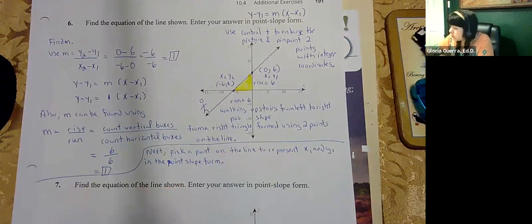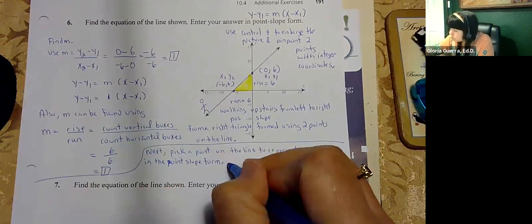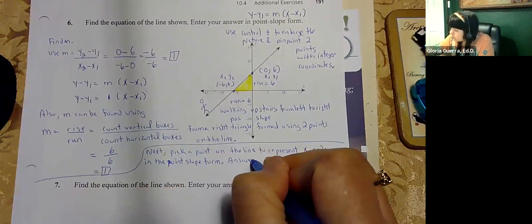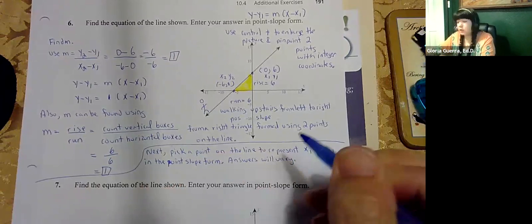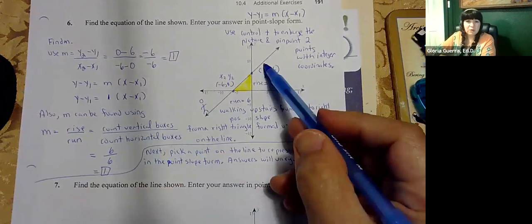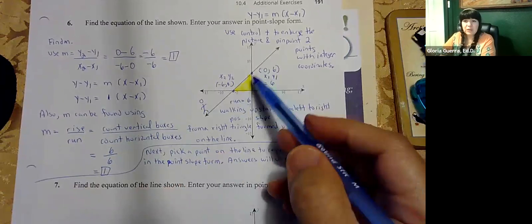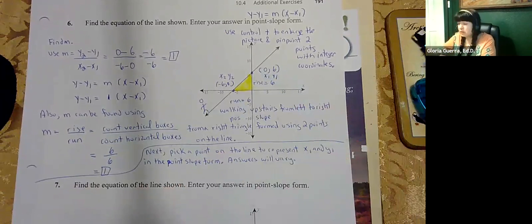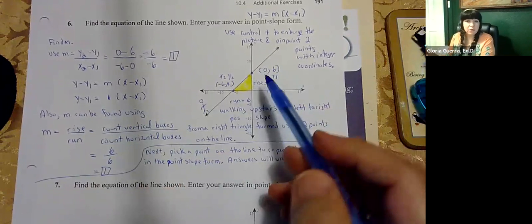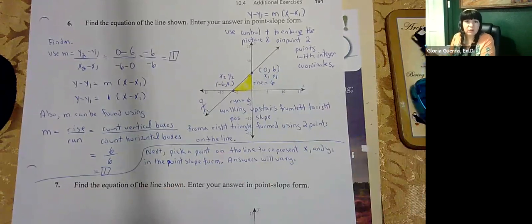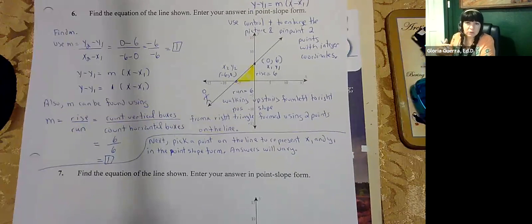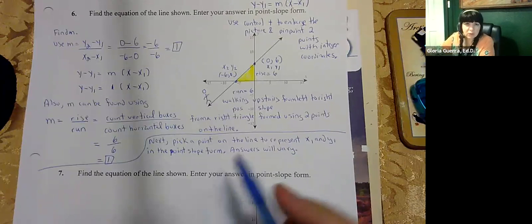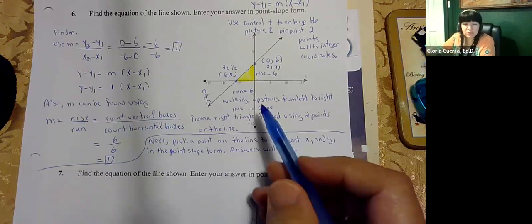And so answers will vary because on a line you have an infinite amount of points, and any point, as long as it's on this line, will work. And you just call it X1, Y1, and then you plug it in. So answers will vary.